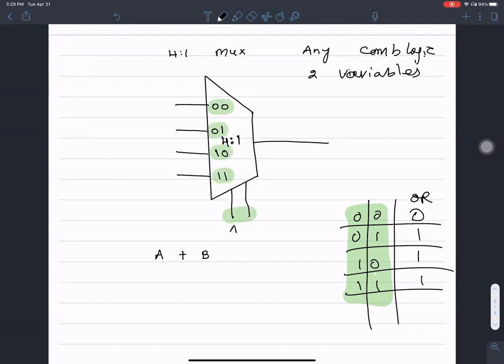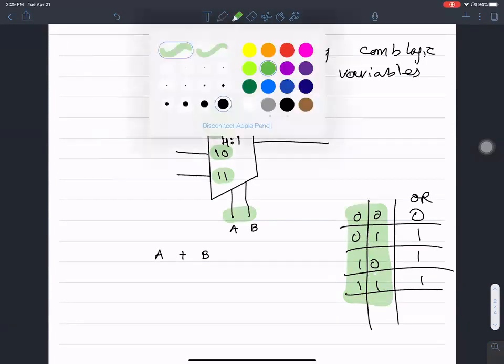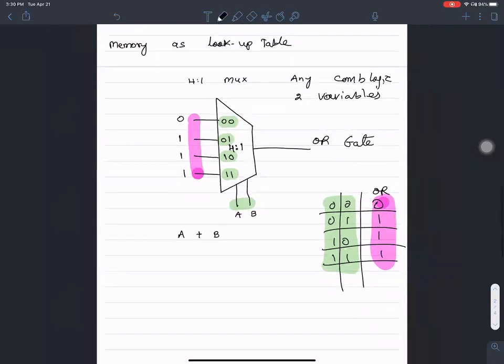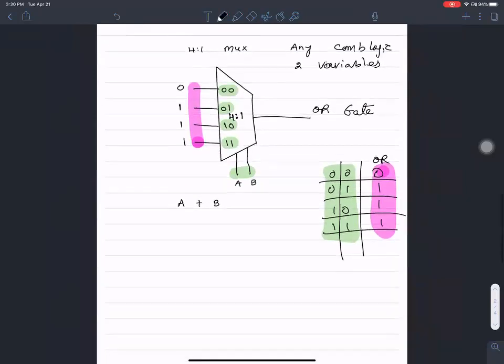We're going to apply the input bits as the select lines, and then the output, we're going to write as the inputs to the multiplexer. And this in effect represents an OR gate. A multiplexer can be used to implement an OR gate or any combinational logic.